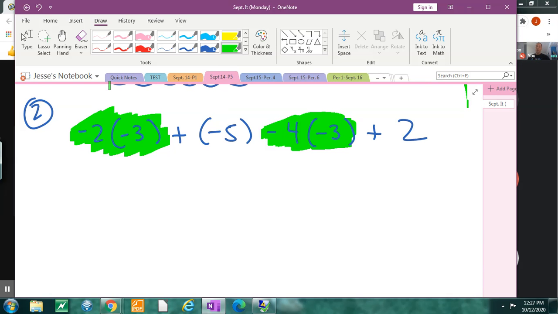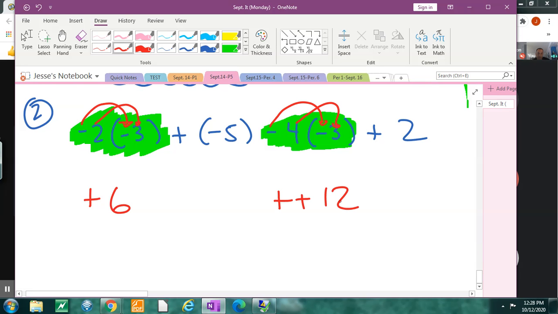So here, what do we do? Negative times the negative is positive, and 2 times 3 is 6. How about this one? Negative times a negative is positive, and 4 times 3 is 12.